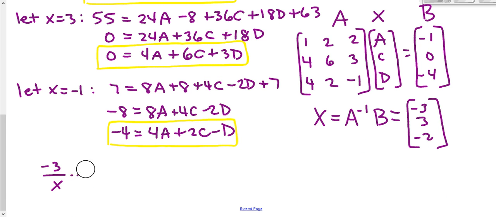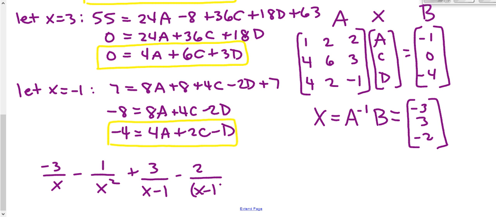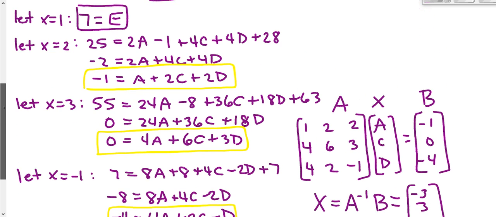So I'll just put a minus. -1 over x squared. C was over x minus 1. So we have +3 over x minus 1. D was over x minus 1 quantity squared. So we have -2 over x minus 1 quantity squared. And E was over x minus 1 quantity cubed. And E was 7.